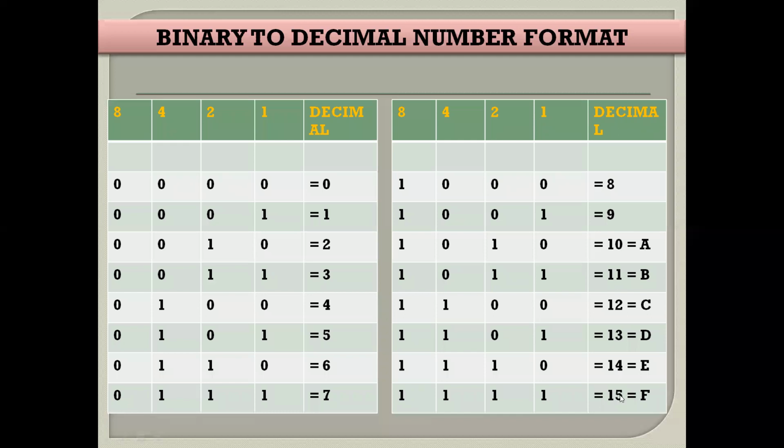But the representation of 10 to 15 is as follows. 10 is represented as A, 11 is represented as B. For 12, we write C. For 13, you write D. For 14, you write E. And for 15, you write F. So henceforth, we are going to use strictly the hexadecimal number system.